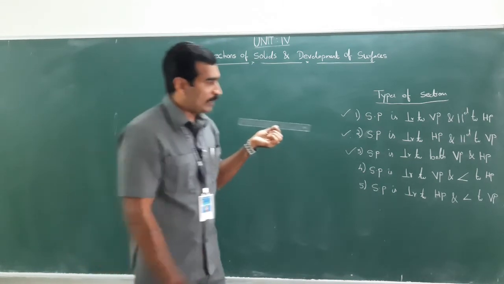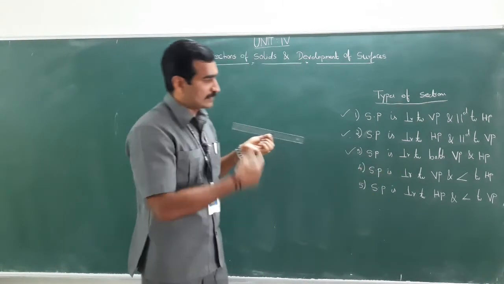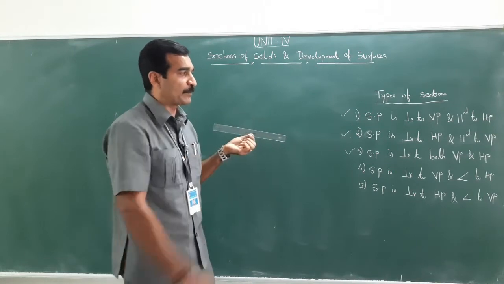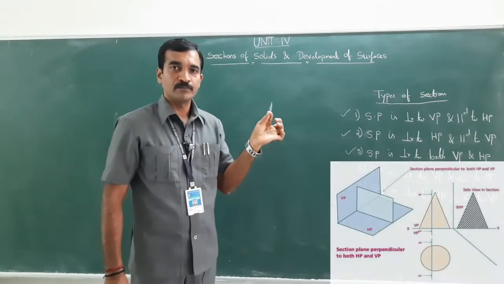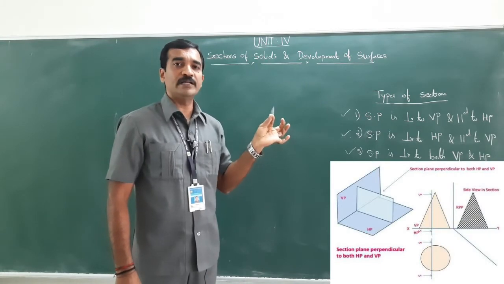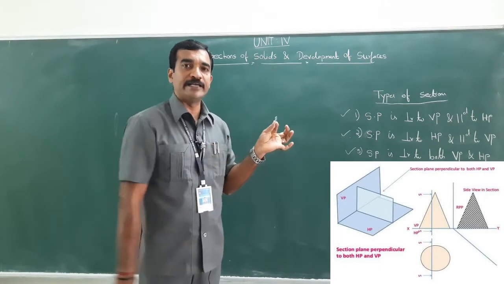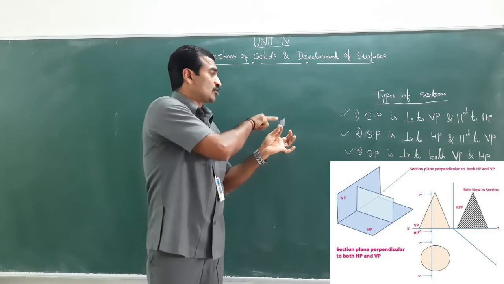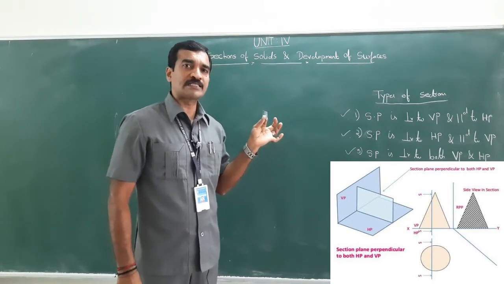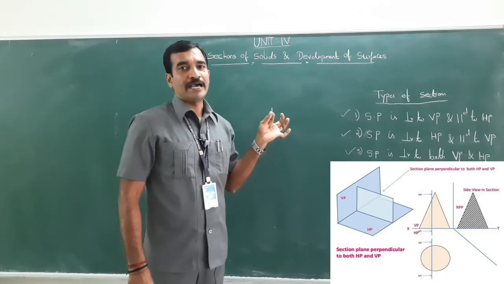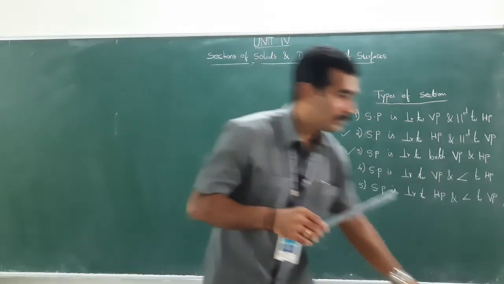Now, if I want the section plane perpendicular to both VP and HP, I should keep it in this manner. So if I keep this section plane in this manner, this is making 90 degrees and this portion is making 90 degrees. Therefore, the section plane or cutting plane is perpendicular to both HP and VP.